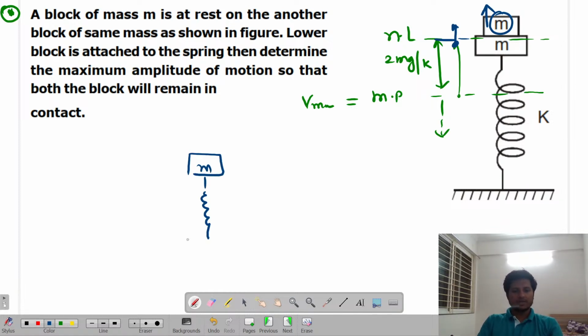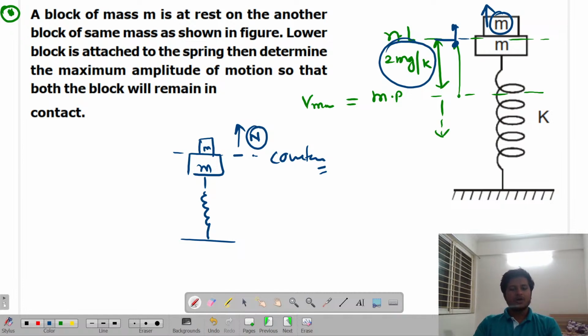Now, if this mass m rises up a little bit, let us consider that from this natural length, if it goes beyond that, then this normal will increase and this contact will be left, right? So the maximum amplitude can be how much? Just 2 mg by k. Beyond that, it is not possible.